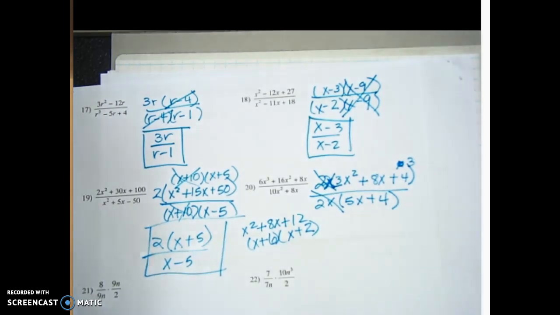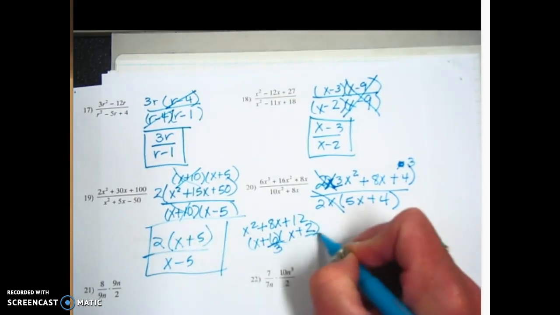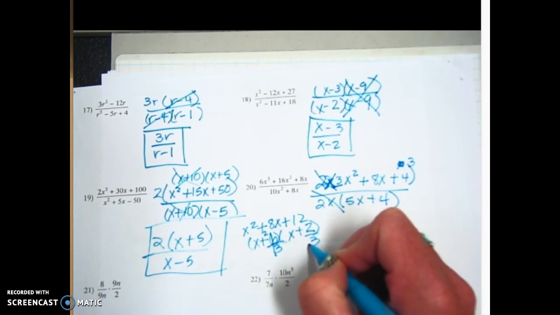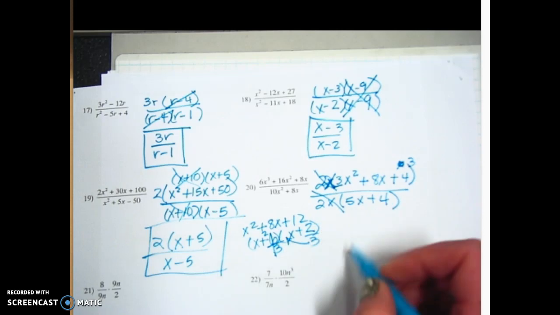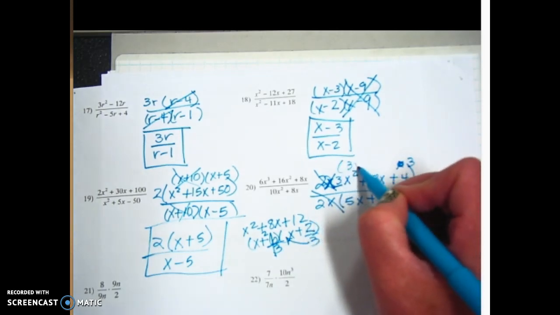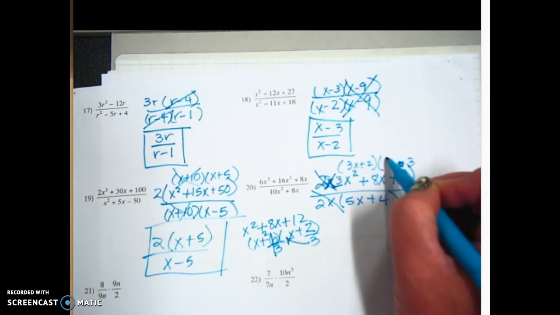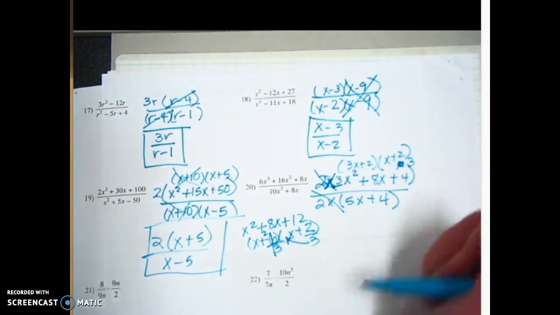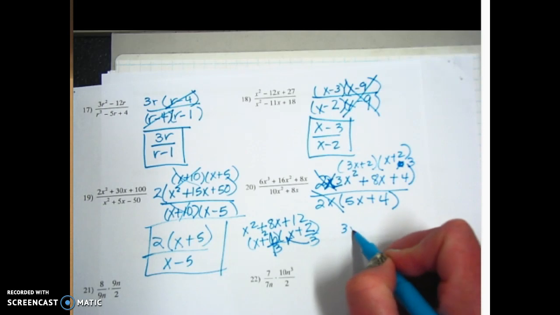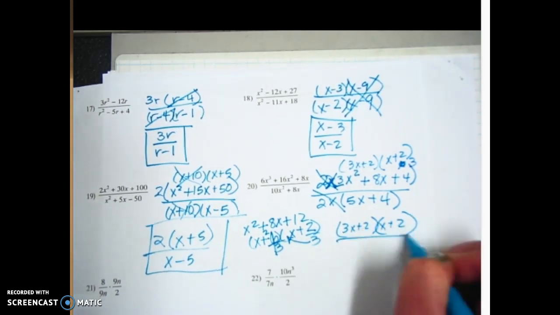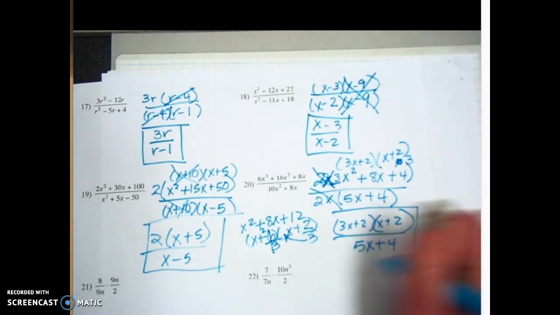If I divide each of those by 3, this reduces to 2. This one cannot reduce, so I need to slide that back over. So this factors to 3x plus 2, which is not going to cancel, and x plus 2, which is not going to cancel. So in the numerator, we have 3x plus 2 and x plus 2. In the denominator, we have 5x plus 4. None of which are going to cancel.